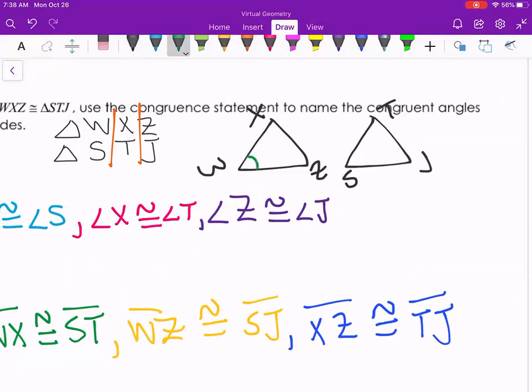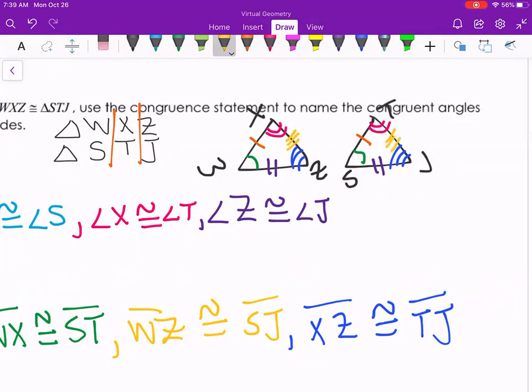So angle W with angle S, angle X with angle T, angle Z with J, and then have your dashes. So WX between the one curve and two curves, so it's got to match up on the same thing on the other triangle. WZ and SJ. And then our last one, 1, 2, 3 dashes with 3 dashes.